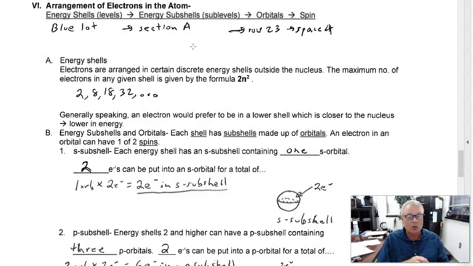Would you like to see what an S orbital actually looks like? Where do we get this from? Well, electrons have some wave-like properties as well as particle-like properties. And for a wave, you can actually write an equation that will describe that wave.